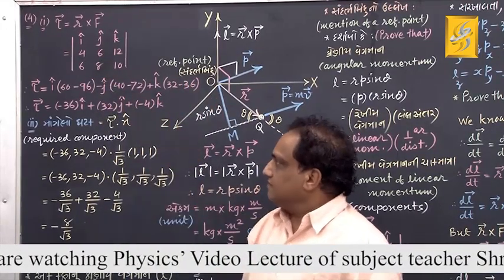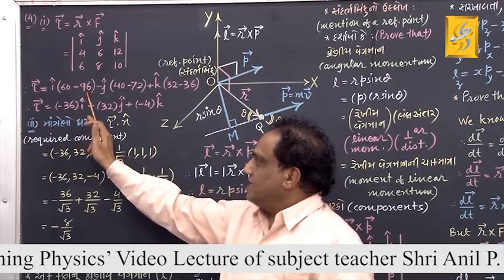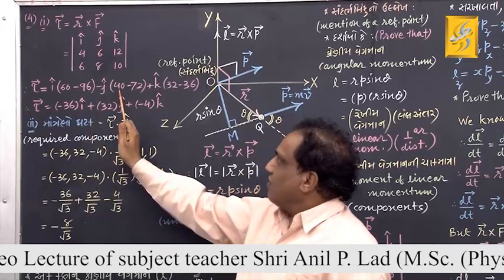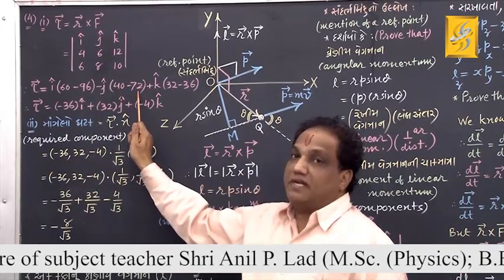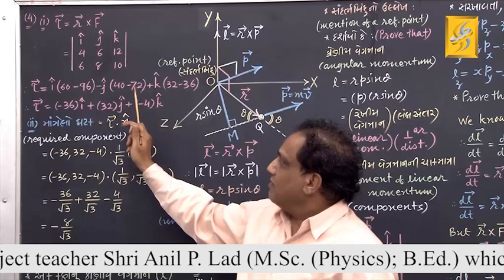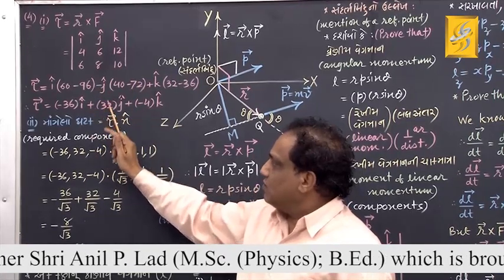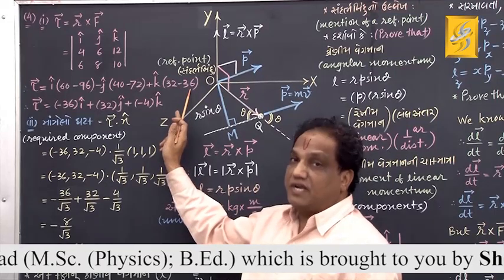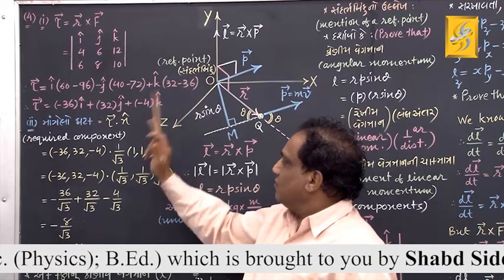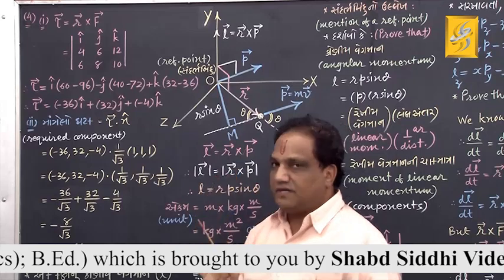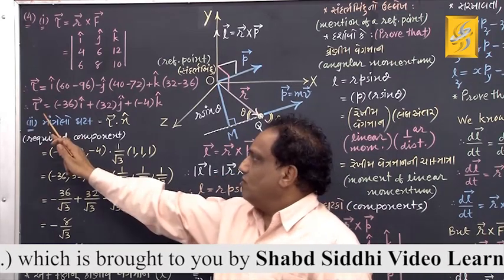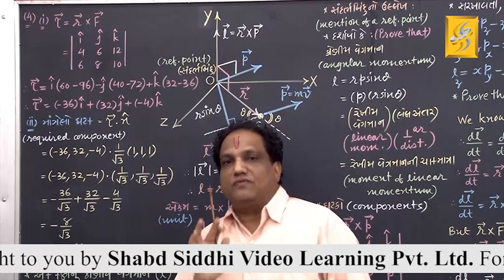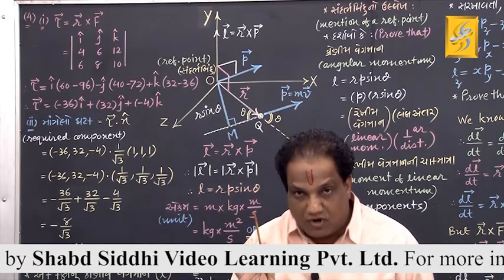And now simplify. 60 minus 96 is minus 36 into i hat. 40 minus 72 is minus 32, but minus minus plus, so 32 j hat. 32 minus 36 is minus 4 into k hat. Simple. So, we have found vector tau.